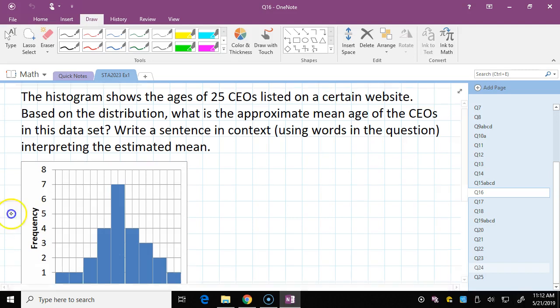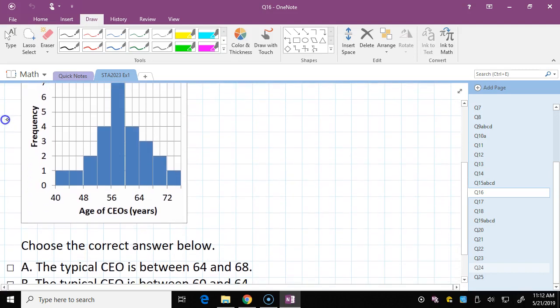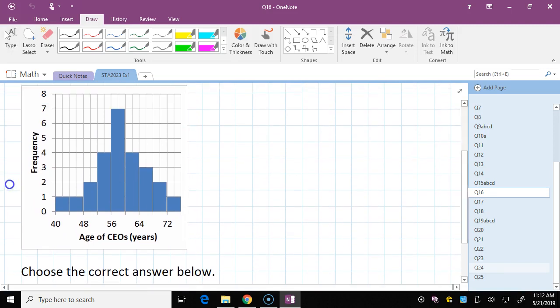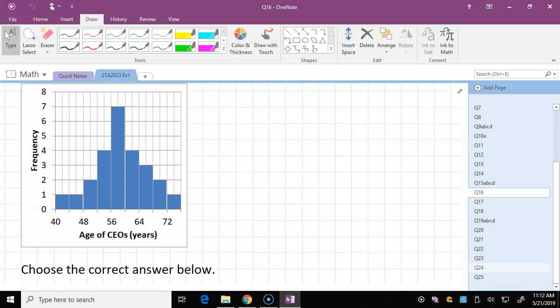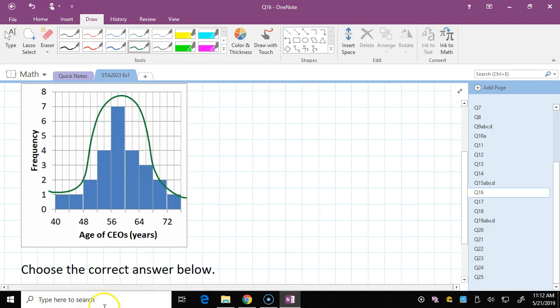All right, so looking at our histogram, what do you think the mean age is? 56 to 60. Because again, remember when we talked in class, this is pretty symmetrical. And remember that in a symmetric distribution, the mean, median, and mode are all right in the middle.